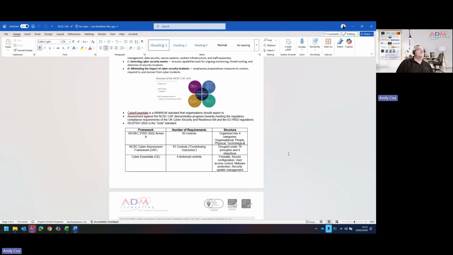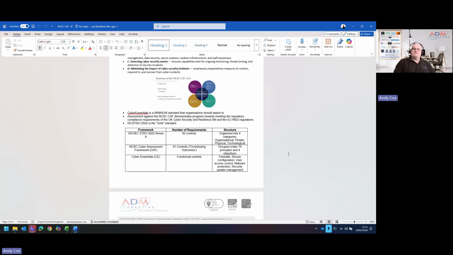As an example, at ADM, when we're looking at a new supplier, it's very unlikely they would be considered as suitable to supply us with goods or services if they didn't have ISO 27001. It would have to be a very exceptional scenario for us not to insist on that.